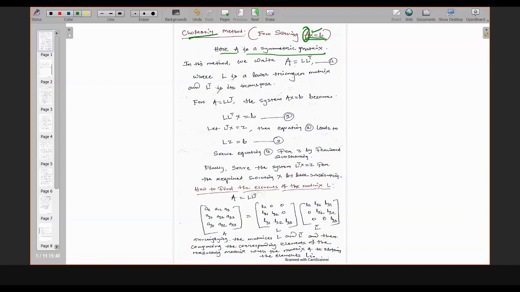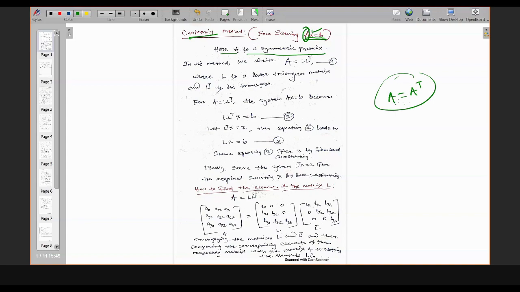So that's why, if you get a symmetric matrix, you apply the Cholesky method rather than the earlier two methods. How can you know whether the matrix is symmetric or not? If A equals A transpose, then you can say that the matrix is a symmetric matrix.